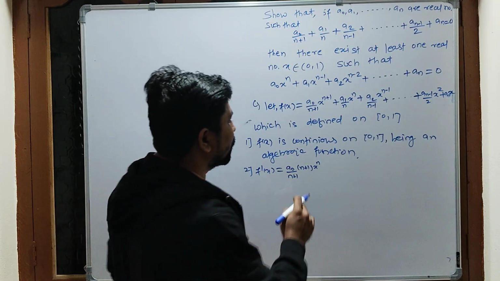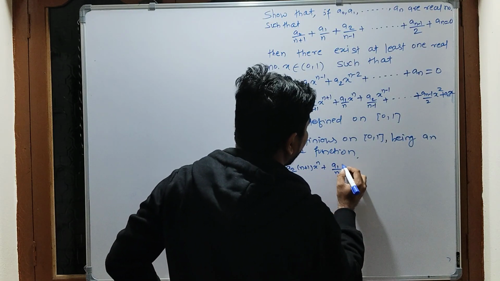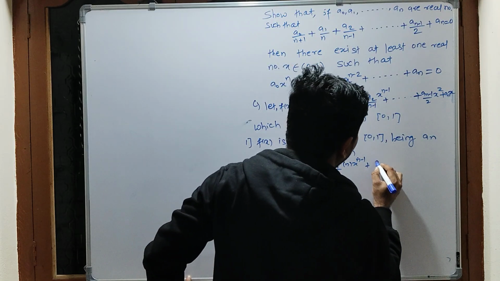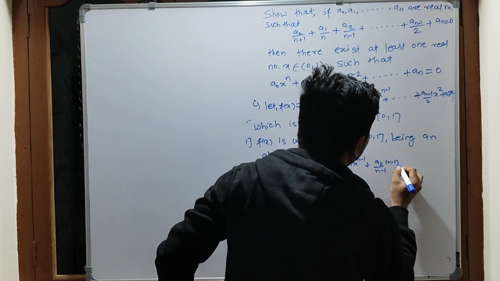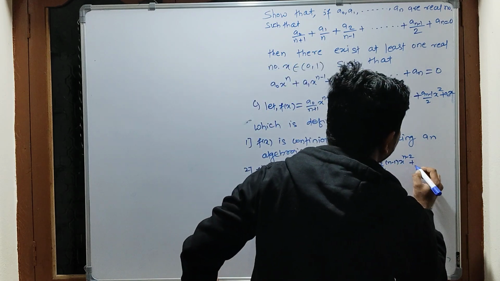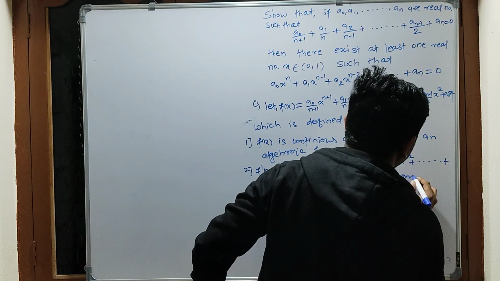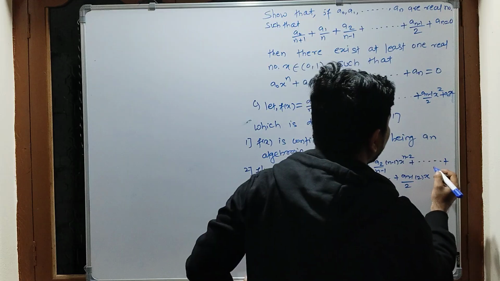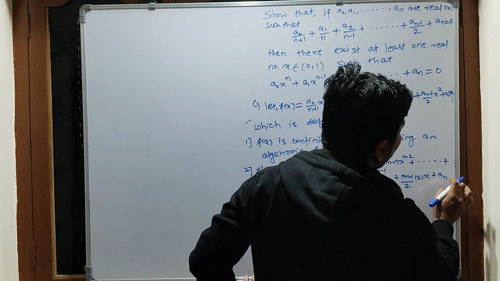Here I first write the constant, after that I find the derivative of x to the power n plus 1, which is n plus 1 into x to the power n. Plus a1 by n into n x to the power n minus 1, plus a2 by n minus 1 into n minus 1 x to the power n minus 2, plus and so on. Plus an minus 1 by 2 into 2x, the derivative of x square, plus an, since the derivative of x with respect to x is 1.